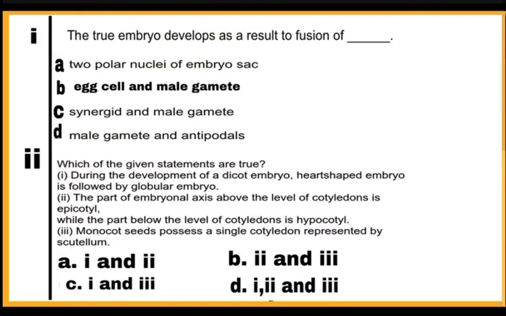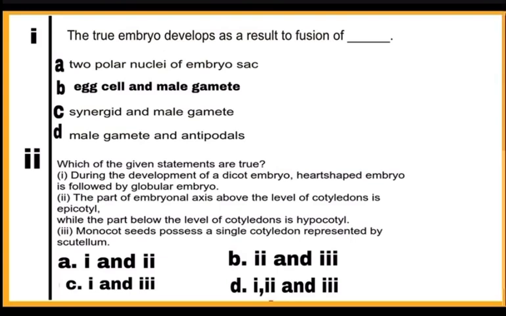In double fertilization, out of 2, one male gamete fuses with an egg cell to form diploid zygote and this zygote develops into the embryo. So, correct answer is option B. True embryo develops as a result of fusion of an egg cell and a male gamete. So, mark B as the correct answer.